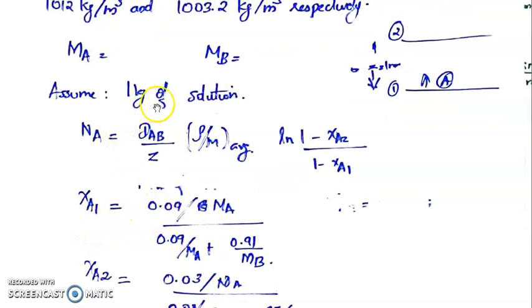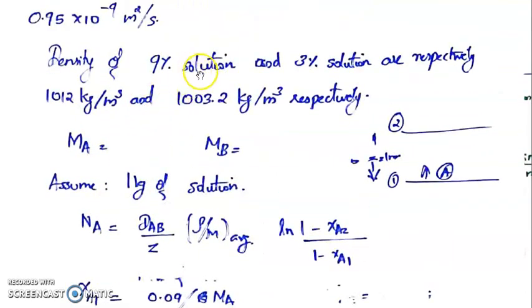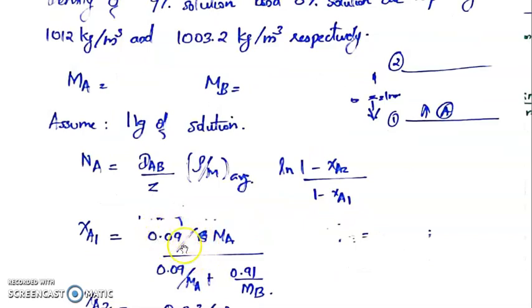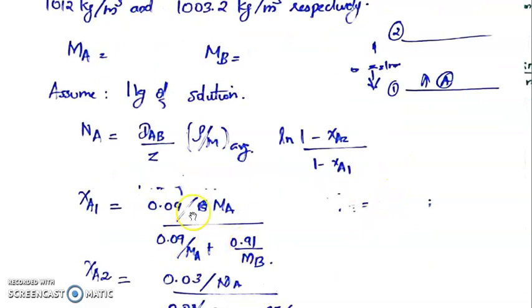If the total weight of solution is 1 kg, and it is 9% acetic acid solution, the amount of acetic acid will be 1 into 9 by 100, that is 0.09 kg. Divided by the molecular weight of acetic acid, MA, this will give you the number of moles of acetic acid at location 1. Since we have 9% acetic acid, the rest will be water, so 91% will be water. So 1 into 91 by 100, that is 0.91 kg, will be the weight of water.